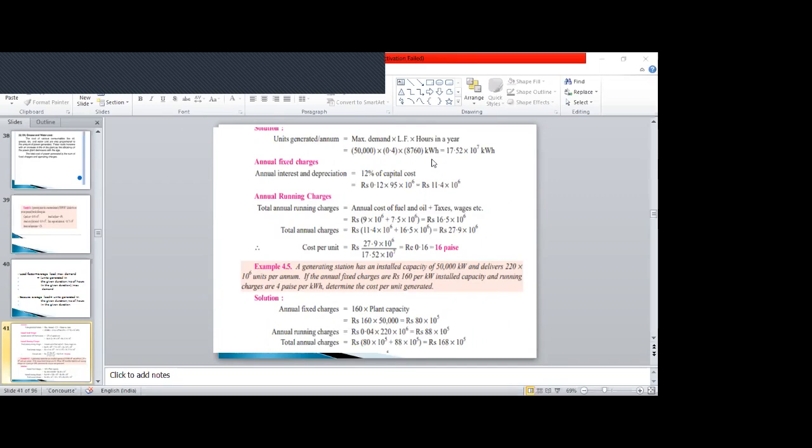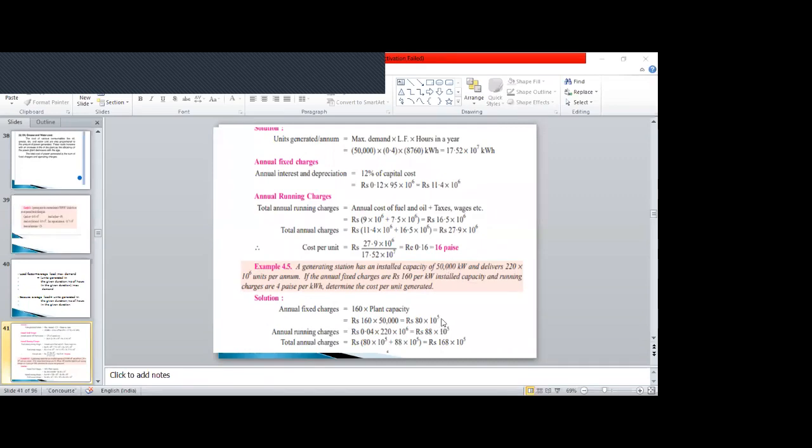If the annual fixed charges are rupees 160 per kilowatt installed capacity, you know that fixed charges are based on the kilowatt capacity, whereas running charges are 4 paise per kilowatt hour, determine the cost per unit generated.